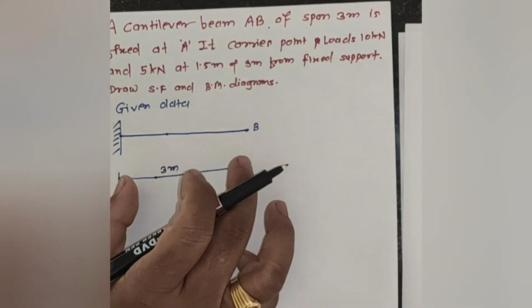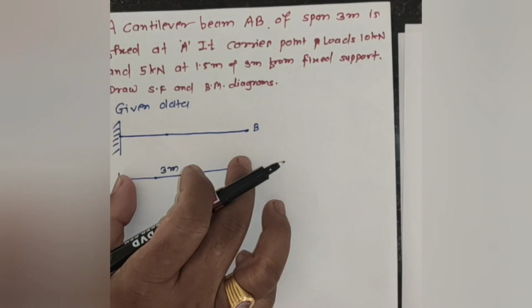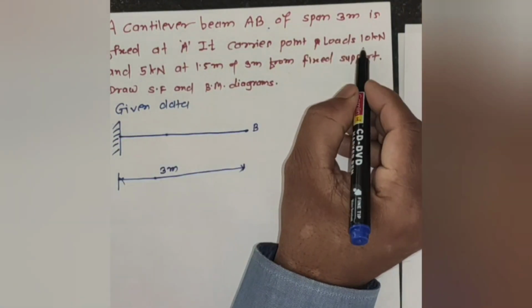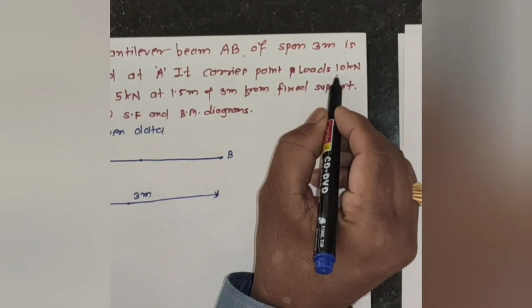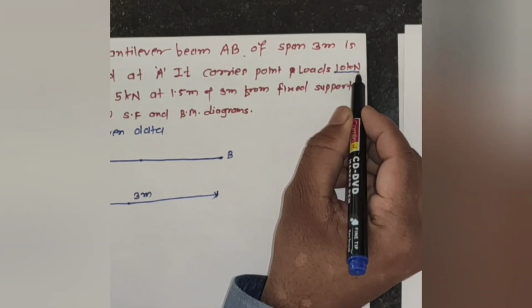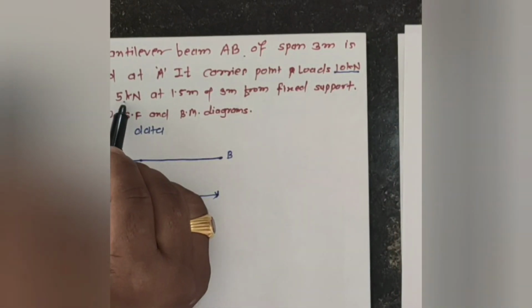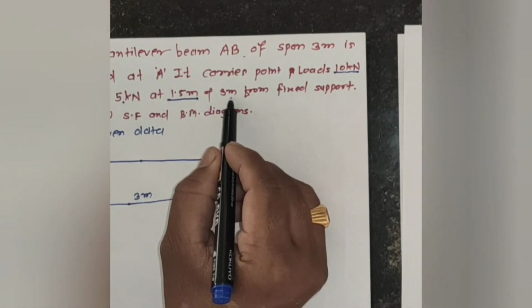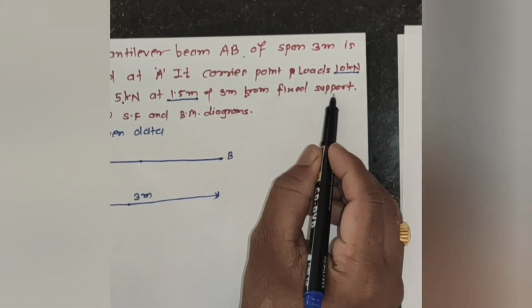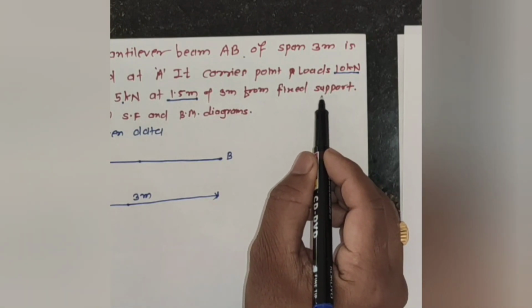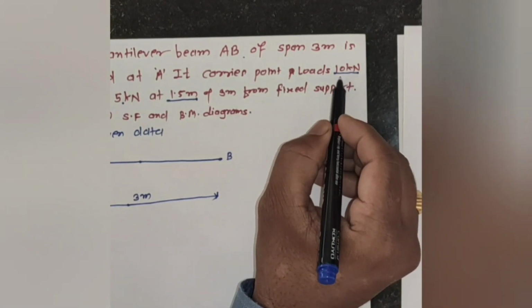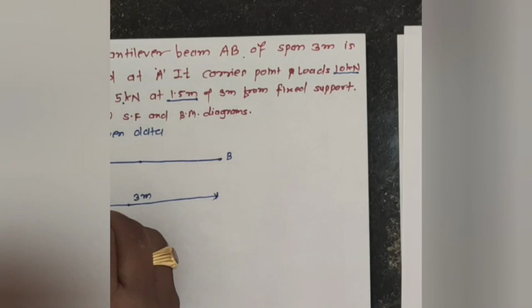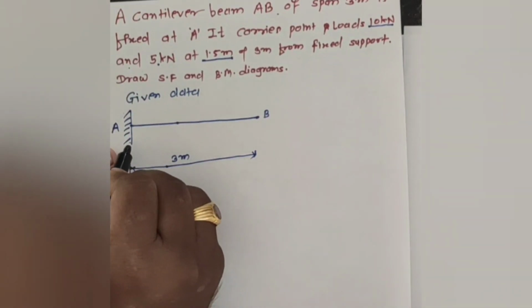It carries a point load of 10 kilonewton. Read carefully: 10 kilonewton and 5 kilonewton at 1.5 meter and 3 meter from the fixed end. 10 kilonewton at 1.5 from the fixed end.